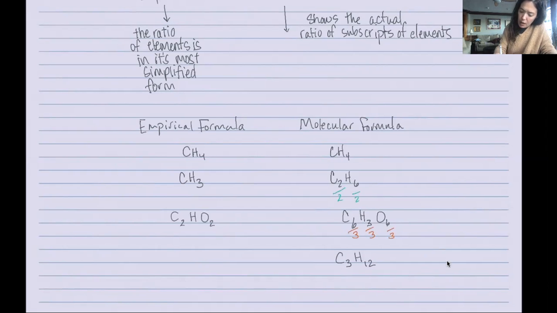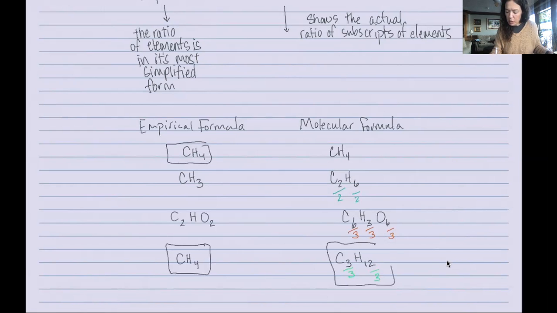All right. And for the last example, I see that this could be divided by 3, and this could be divided by 3. And my empirical formula would be CH4. So look, we can have the same empirical formula, right? But different molecular formulas. Or we could have the empirical formula be the same as the molecular formula. So either of those can happen, all right?